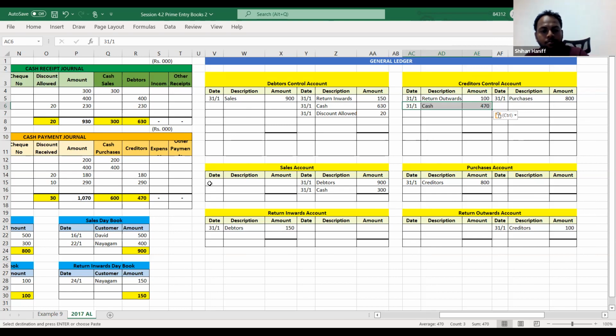Then discount is also, we have to debit the creditors control account. Discount received account credit because it's an income.